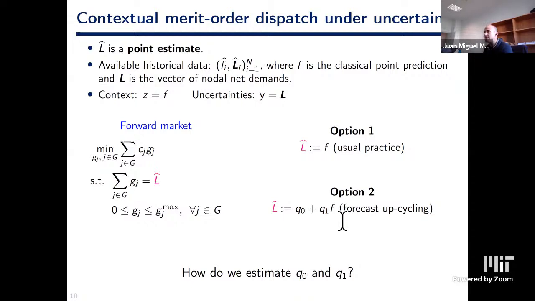The TSO receives the forecast, the forecast goes through this rule, and the L-hat that the TSO implements in the forward market is the one given by this rule. It's not a qualitative step ahead for TSOs, because they are still using a point estimate of the load for the following day, but it's an estimate that we have improved, that we have recycled from the point forecast given by the forecaster.